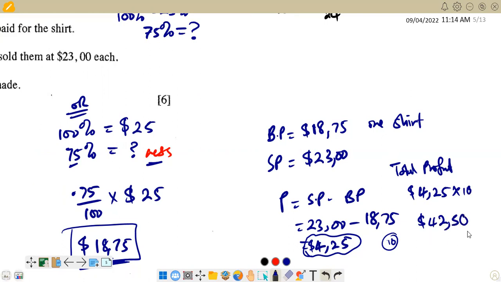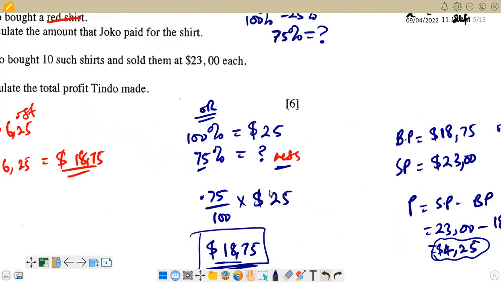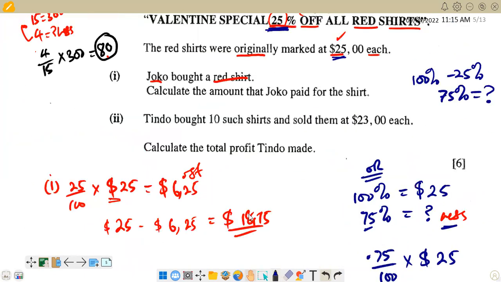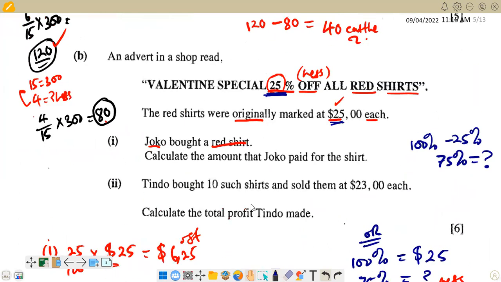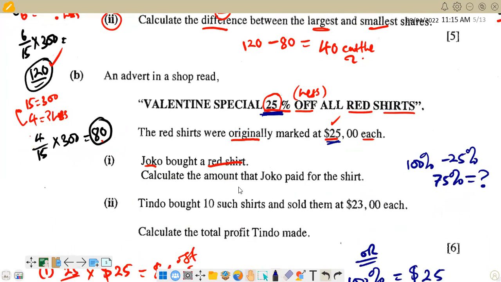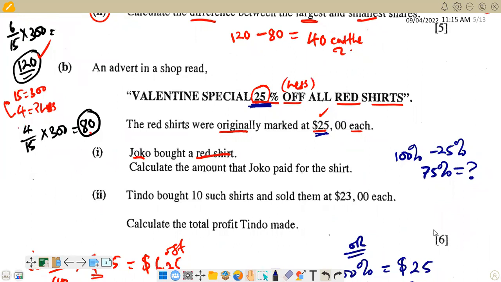But this is money. You just put another digit so that you've got 2 decimal places after the point, okay, for cents. So that was it, guys. As you can see, so many ways that you could have used to answer this particular question. So that was our item B. That is what we had on item B, and it was actually 6 marks.